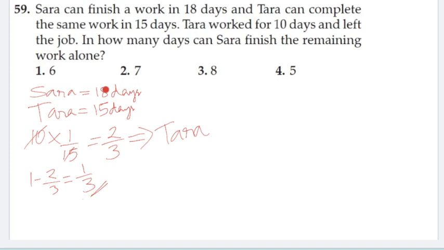So what we need to know is 1 by 3 of the time required for Sarah to work. So 1 by 3 of 18 is 6.